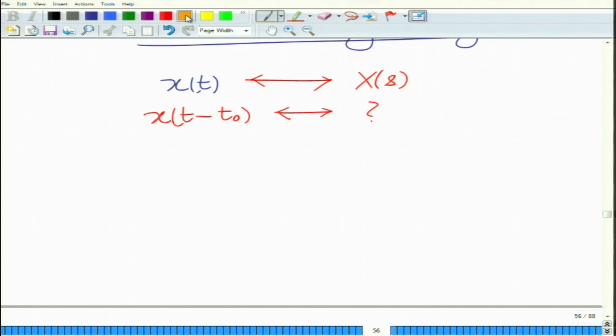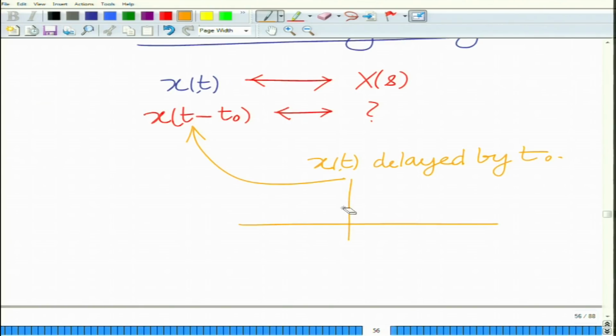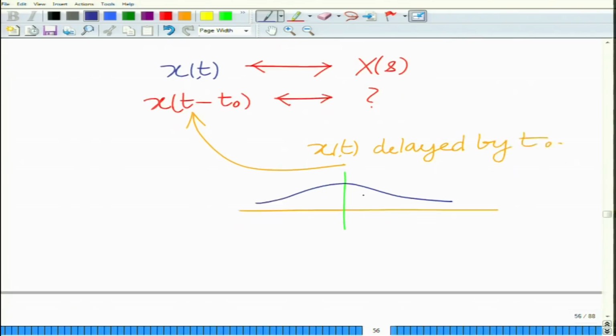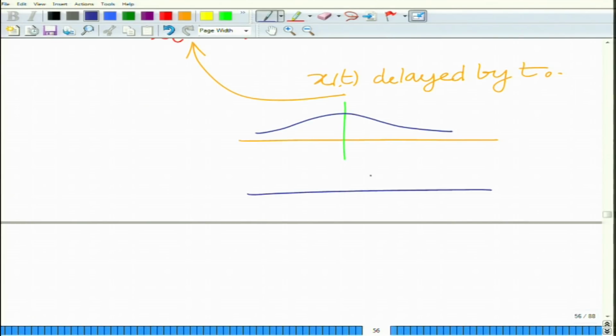Remember, this is x(t) delayed by t naught. If x(t) is a signal that looks something like this, with this point being 0, then x(t) delayed by t naught will look something like this.